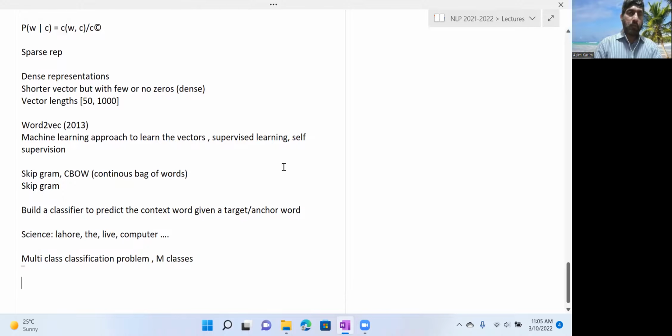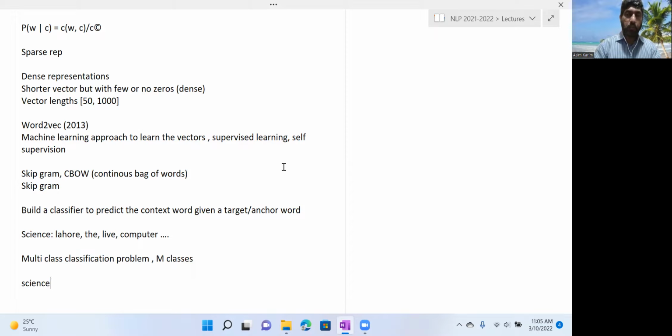And of course, now the question is, how do we represent each word at the start? So, for example, we have the word science. How do you represent this at the start? Of course, as an input. Later on we'll have some weights associated with science that would be its embedding.